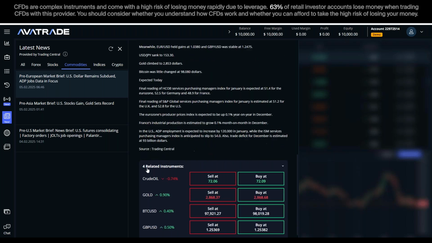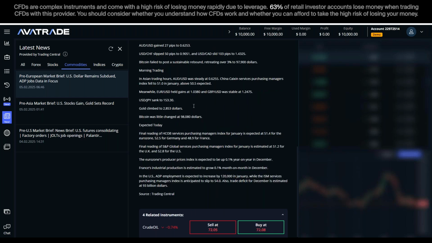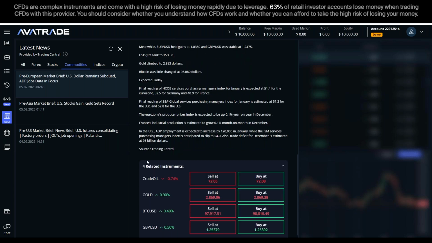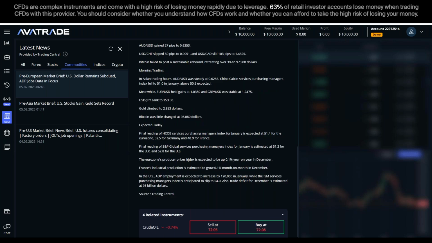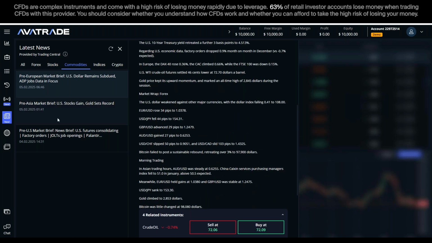If I click here, this falls down, and we have crude oil, gold, Bitcoin, and pound versus dollar, which could be related to the article. So that means if I read this article, I might have a better idea how to trade those named instruments, which can save a lot of time, right? Because I can be more specific.